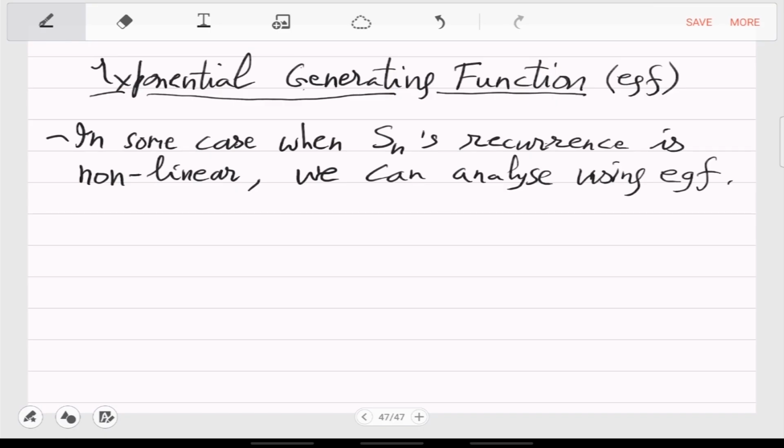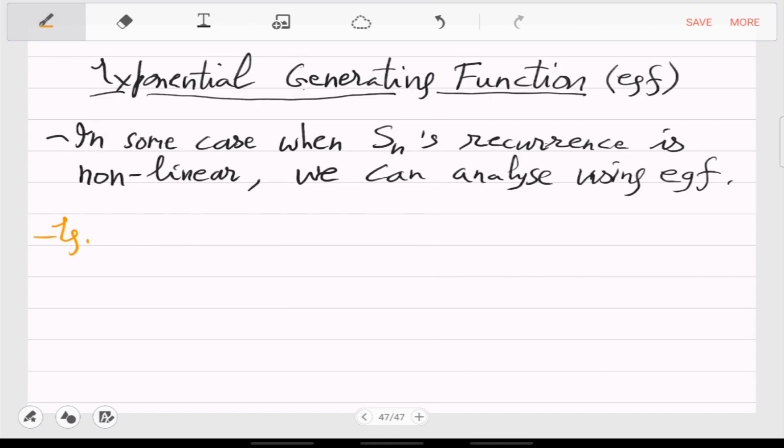So this will be a more complicated analysis. So let's start with an example, okay, and then we will see what EGF does or what it is. So let us consider this counting example.